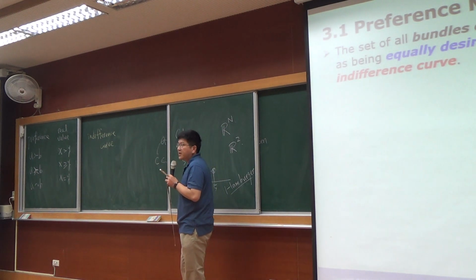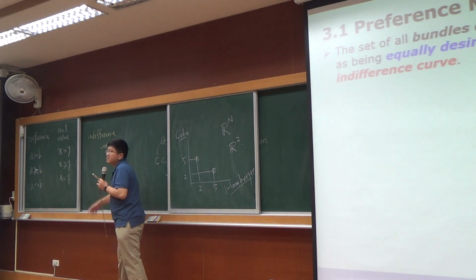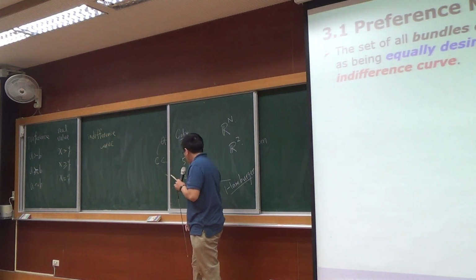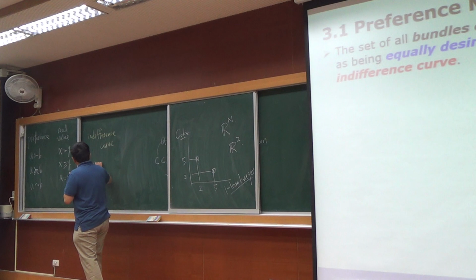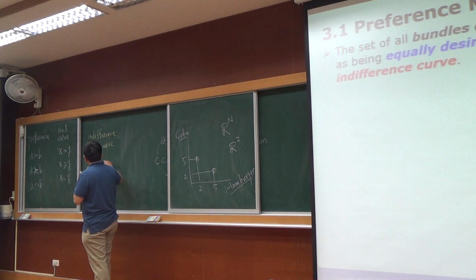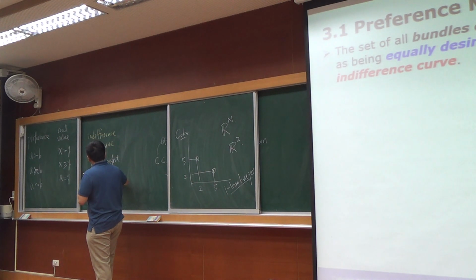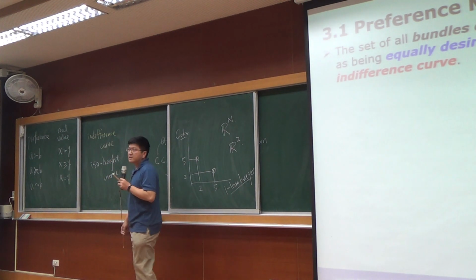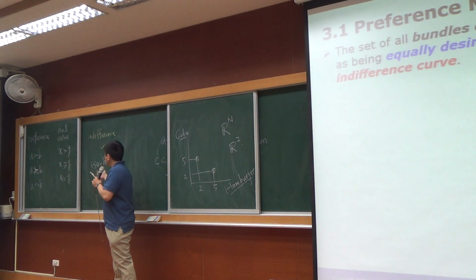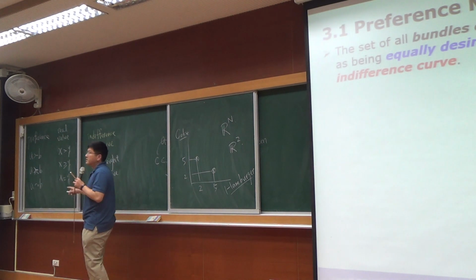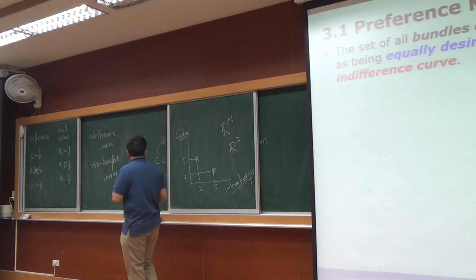This may be the first time you see the term indifference curve, but something I believe you must already know. We call it an iso-height curve. What does height mean? It's height, right? Iso means equal height.